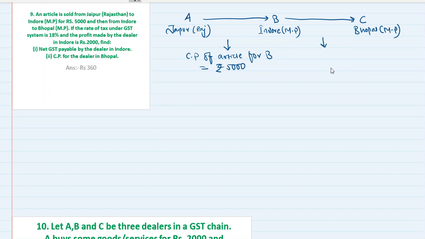This article was sold to another dealer in Bhopal from Indore for 2,000 profit. Profit made by the dealer in Indore is 2,000. So the cost price of the article for C is equal to rupees 7,000. Okay, find the net GST payable by the dealer in Indore.